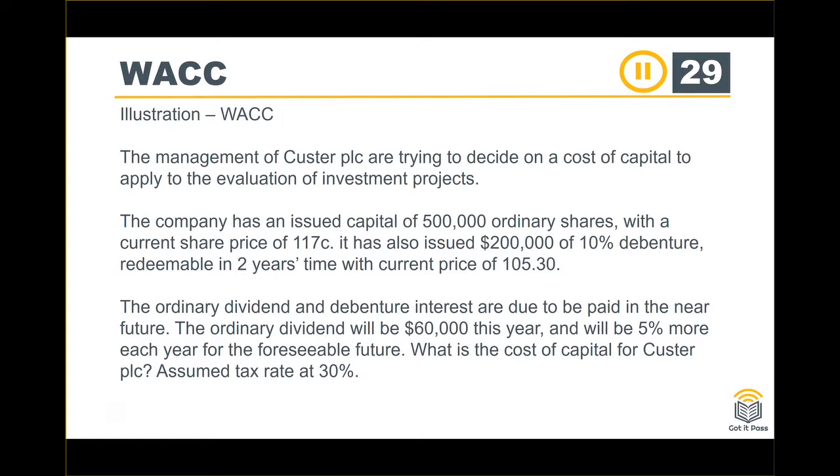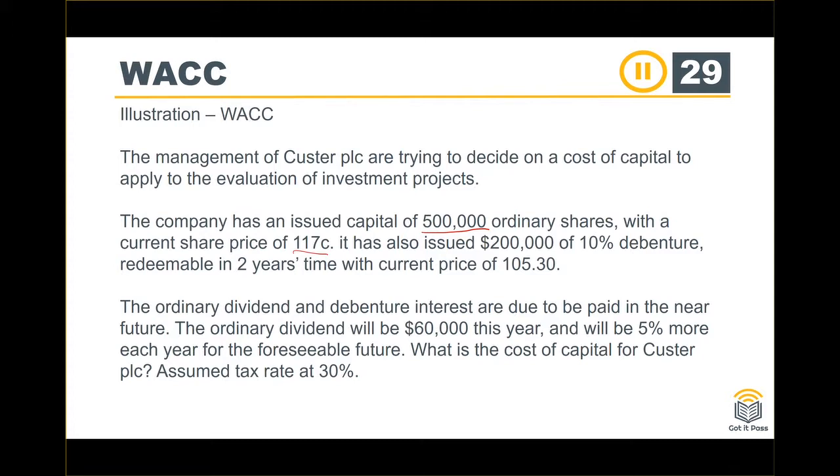Okay, let's read it first. Welcome back. For this illustration, a company called Custer is trying to decide on a cost of capital to apply to the evaluation of investment projects. The company has an issued capital of 500,000 ordinary shares, and the current share price is 117 cents.